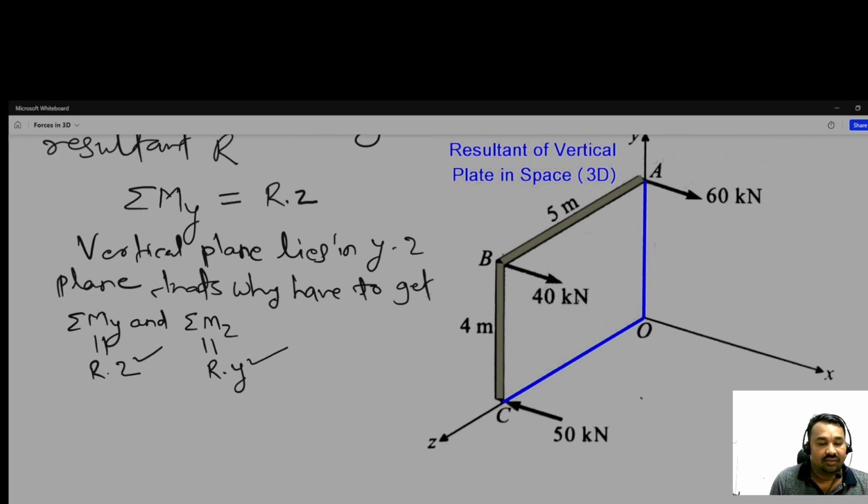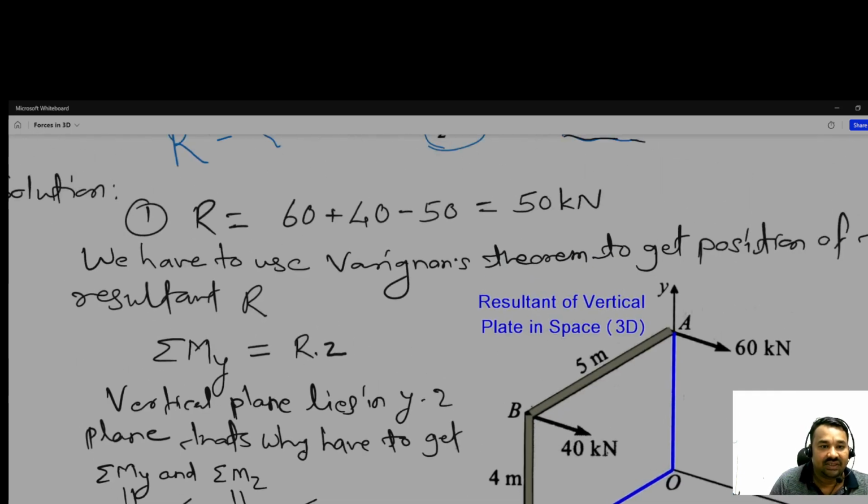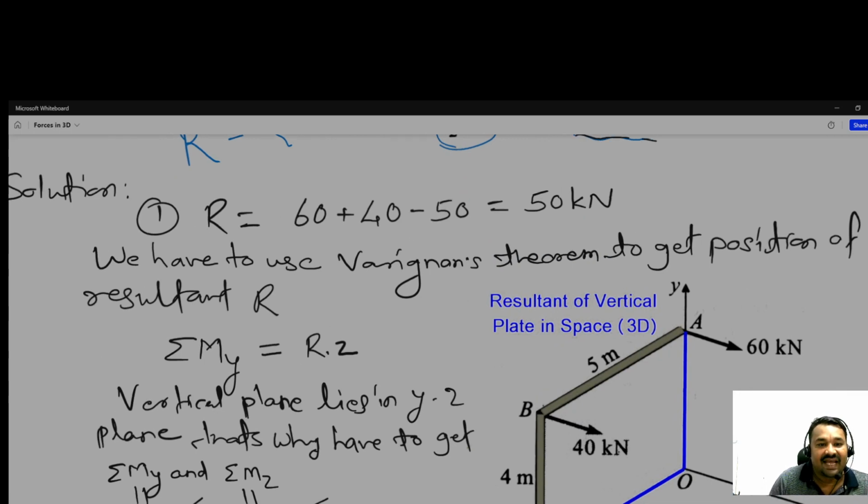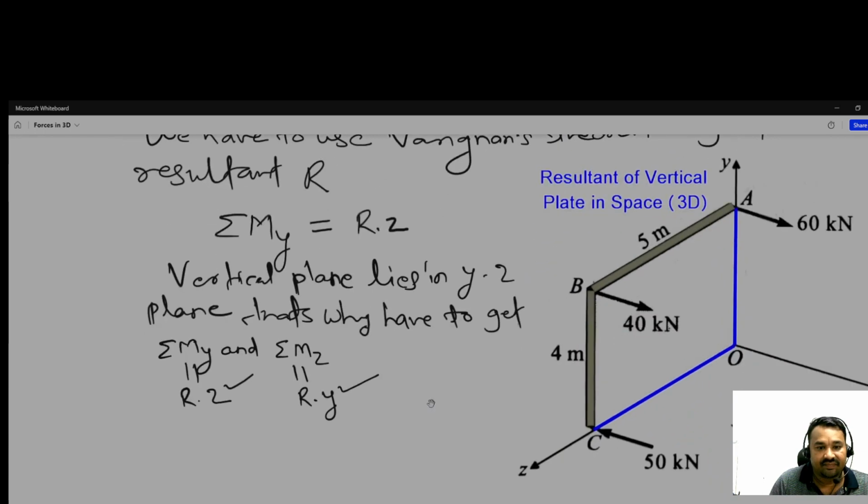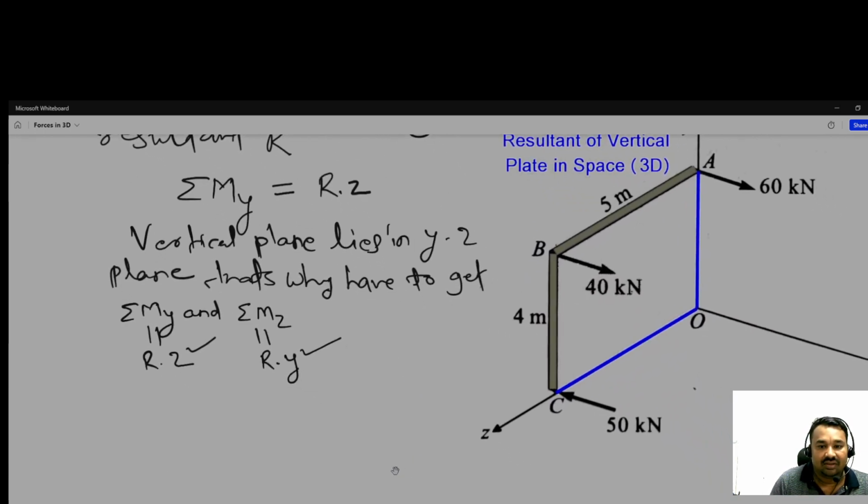Okay, so how to get this? That's why two times we have to apply Varignon's theorem. So the first step we have done. What is the first step? Getting the resultant, and we are doing this through the scalar method, because it is very easy as compared to the vector approach.